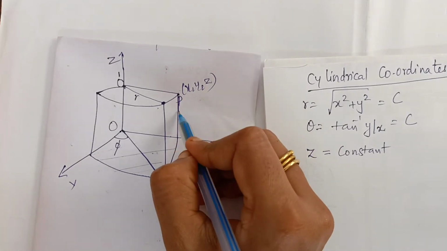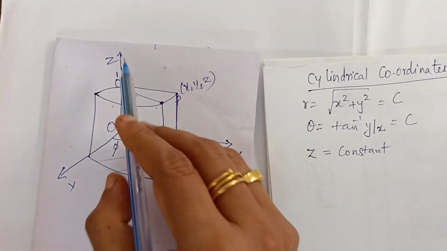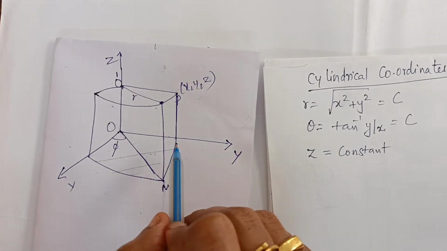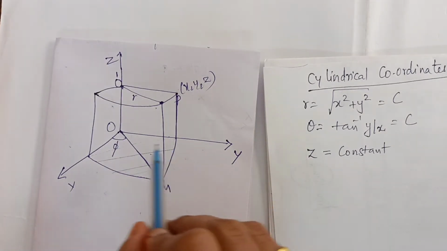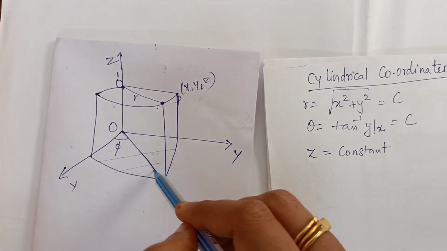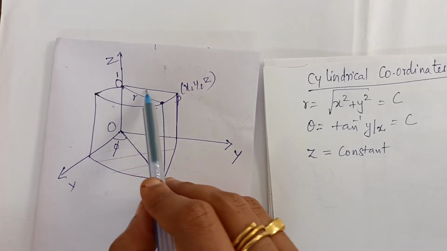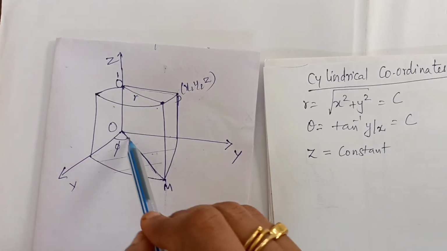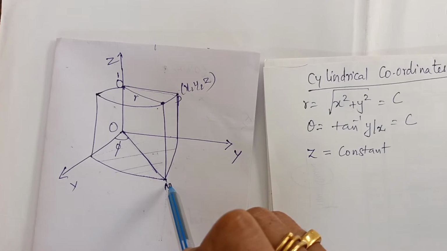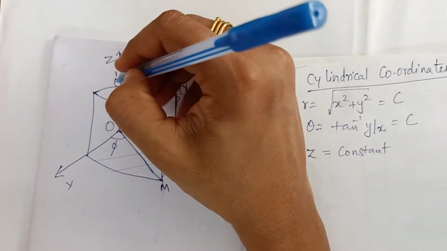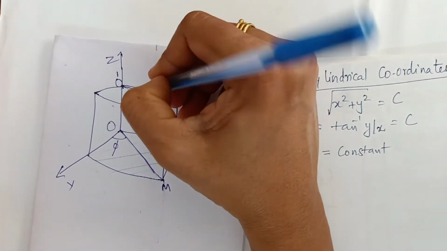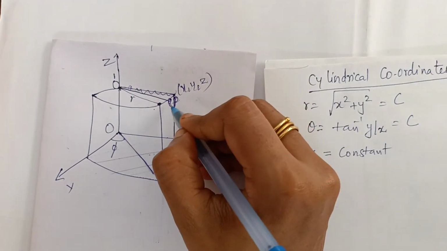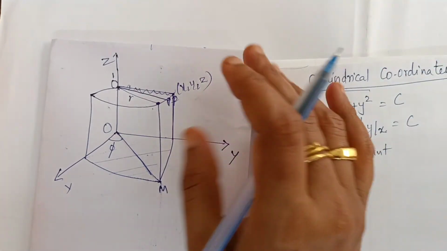Finally, OM is parallel to O dash P. You can draw it a little like this so that it is parallel.